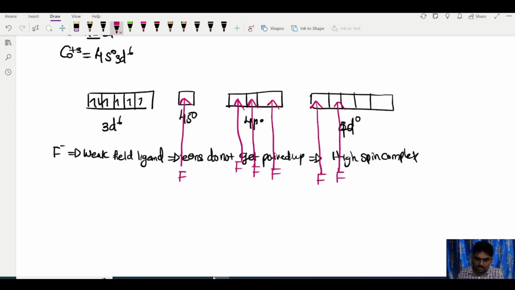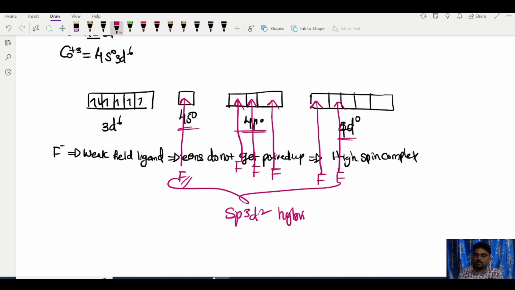So we will get which hybridization? sp3d2. Why? It is one s orbital, 3 p orbitals and 2 d orbitals. So this is having octahedral geometry.